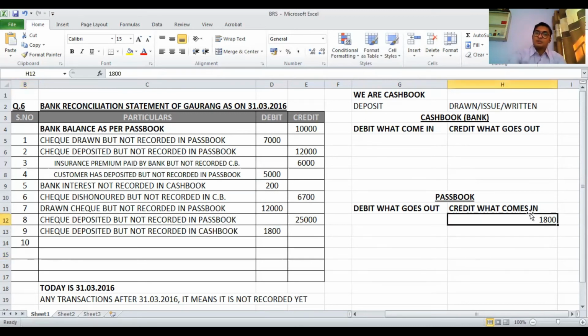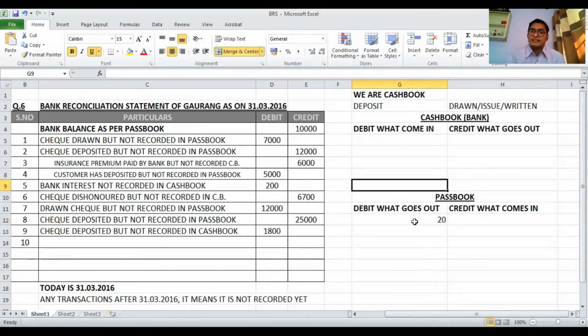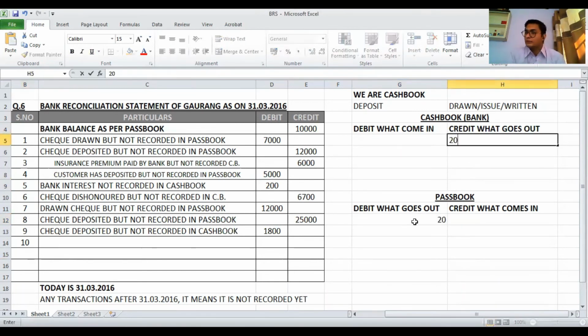Due to bank charges, our bank balance decreases. Debit side of passbook for 20 rupees and credit side of cash book for 20 rupees. Now they provided that it is not recorded in cash book. So in cash book it is not recorded.